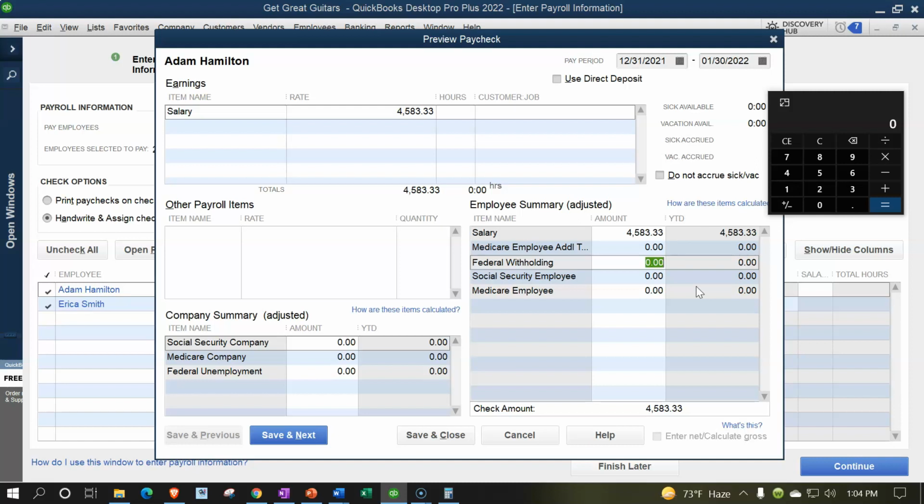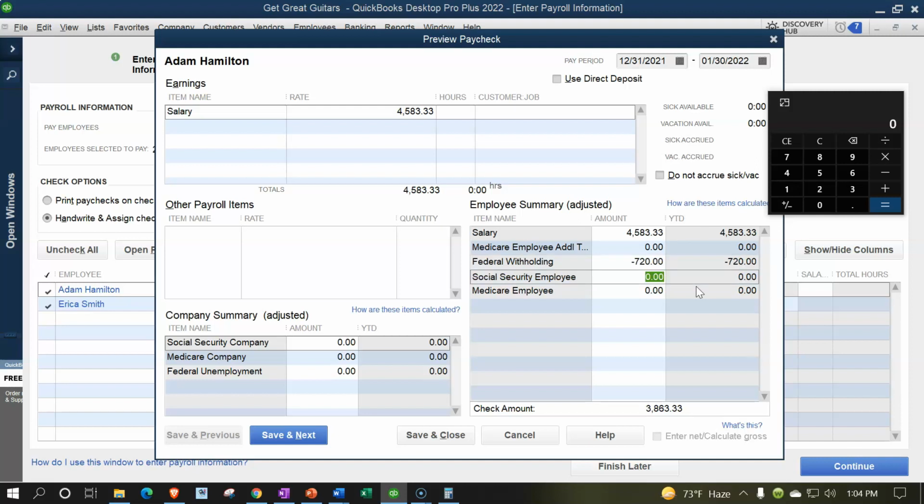It's a progressive tax that we have to use tables for, which are based on the W-4, which is going to be based on the marital status and whatever other added exemptions and so on that they told us to put in place for it. So I'm just going to put in a number for that one. I'm going to just say it's 720. I'm just making that number up.